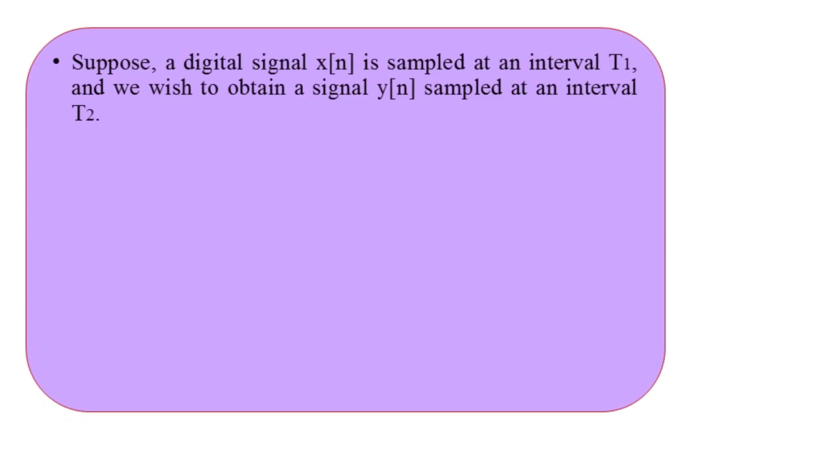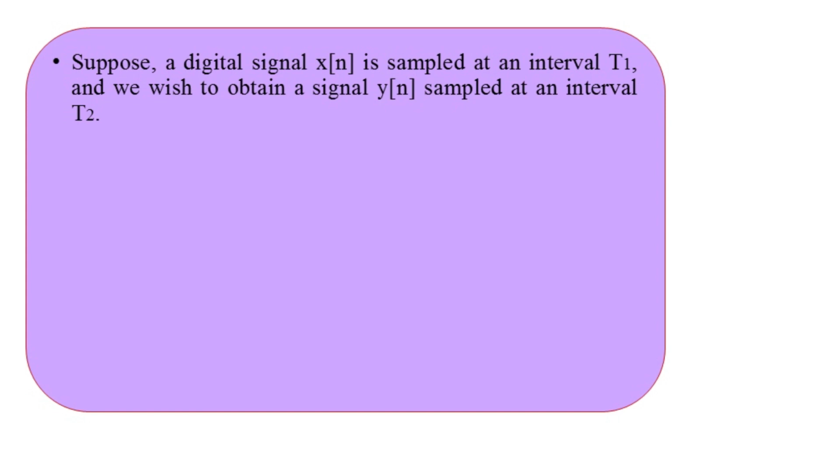So let us say, in general, we have the usual notation for the input signal, of course a digital one, denoted by x of n. It is sampled, for example, at the time interval denoted by capital T1, and we are required to obtain the output signal, usually denoted by y of n, sampled at the time interval denoted by capital T2.